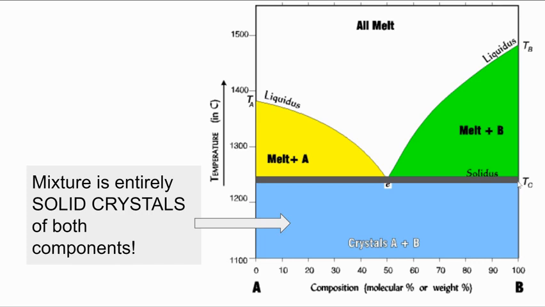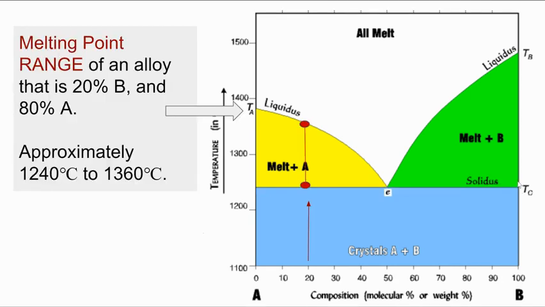And if we look, the blue section of this binary phase diagram represents when the alloy is a complete solid. So our mixture or our alloy is completely solid crystals of both components. Again, the melting point range is the temperature range over which your alloy melts.